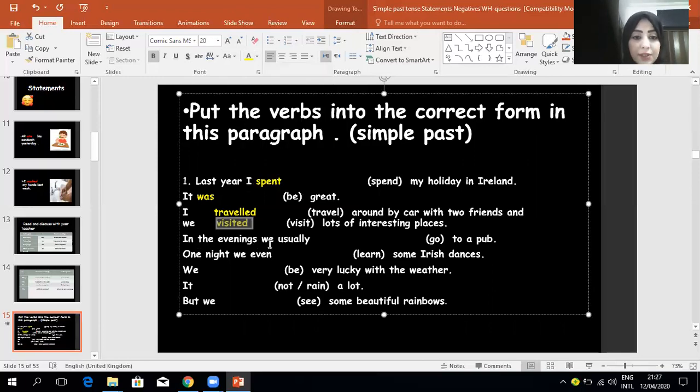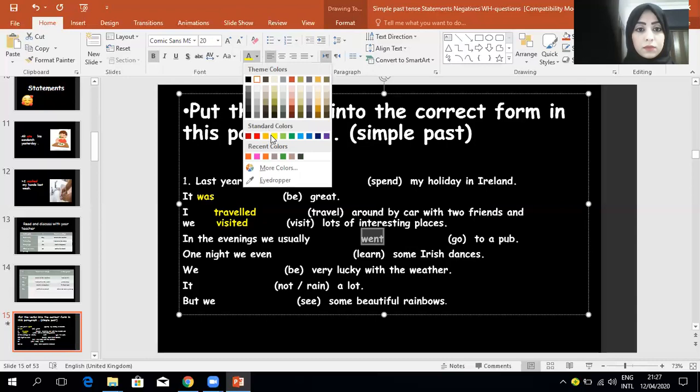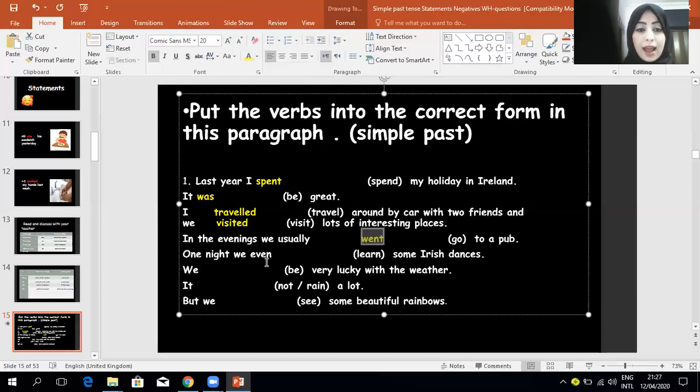In the evenings, we usually go to a pub. So here went. One night, we even learned some Irish dances. So learn, the past of learn, learned.